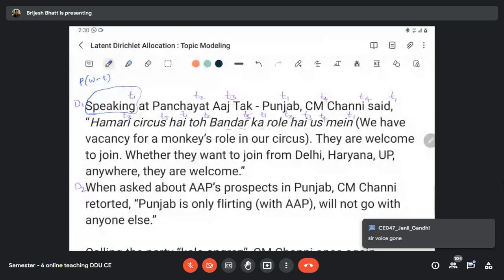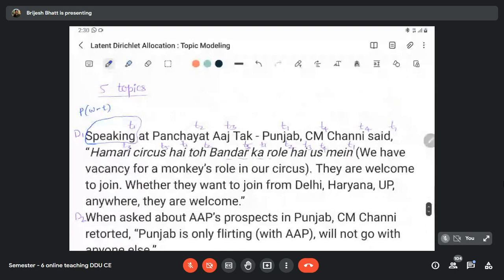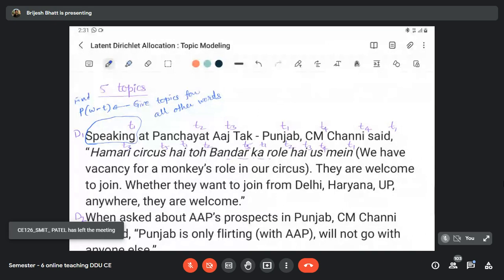So calculate the probability of the word's topic, given all other words. Assume that everything else is correct. All these purple T1, T2, T3 assignments are correct. Then what should be the topic assigned to the word speaking? That is what we want to find out.